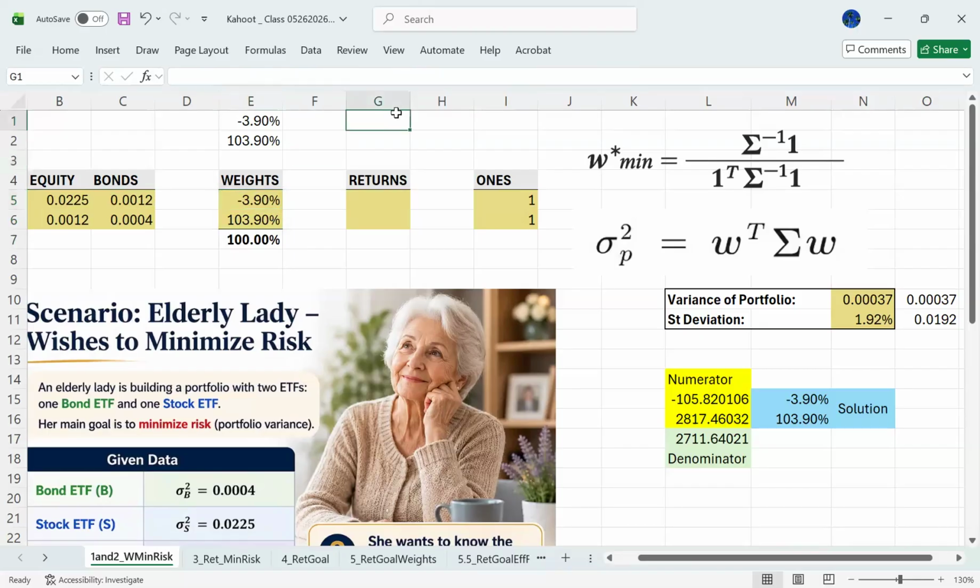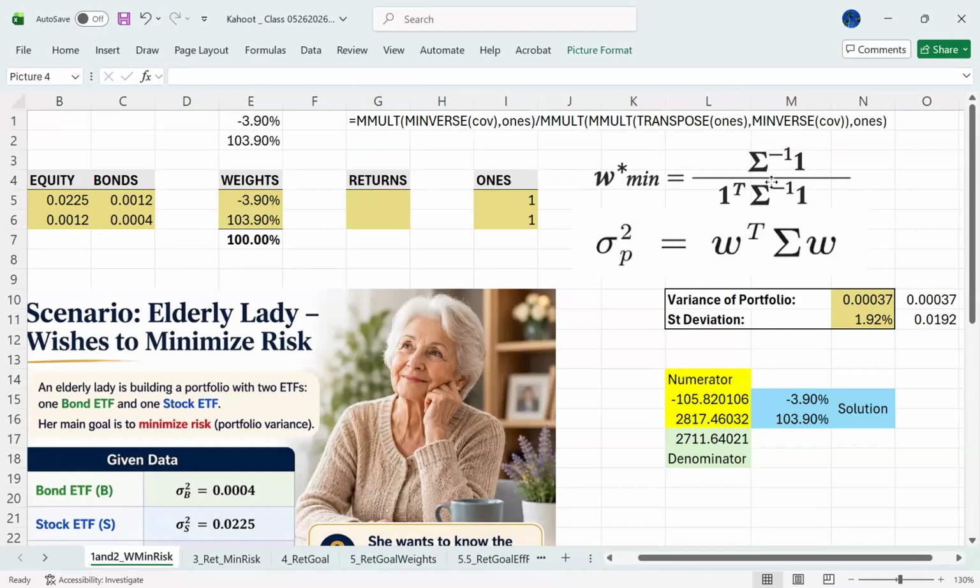So we can do FORMULATEXT. We just need this formula and we can get the weights that lead us to the minimum possible risk. This is an important portfolio because this is the global, we usually refer to it as the global minimum variance portfolio.